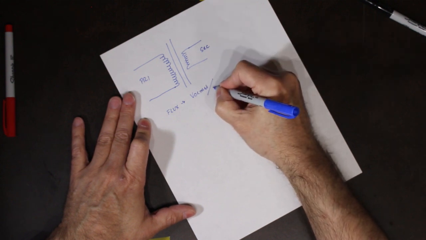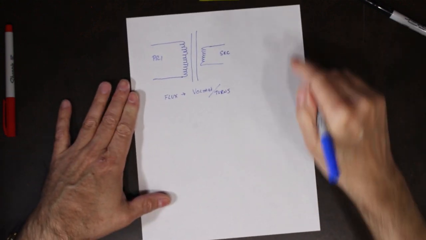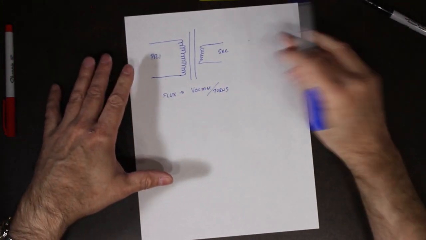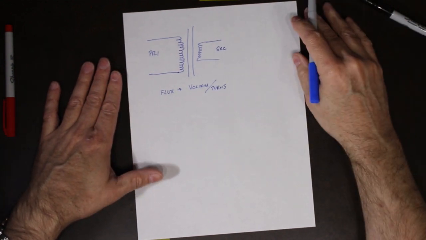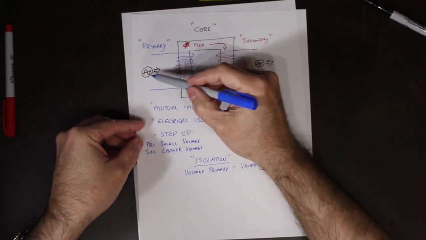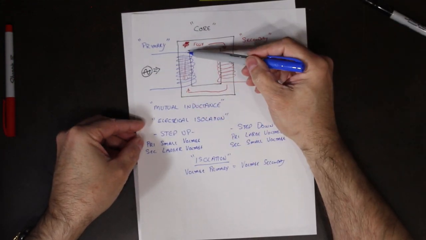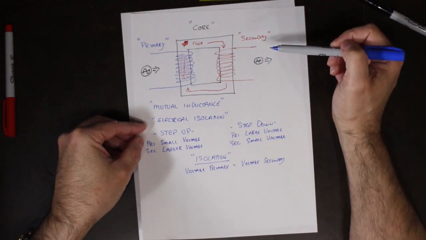So a winding has a certain number of turns. So flux is created by a certain voltage and a certain number of turns. So flux is created by a certain voltage being present over a certain number of turns.